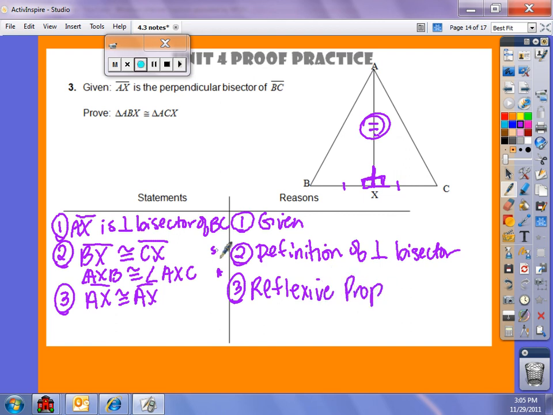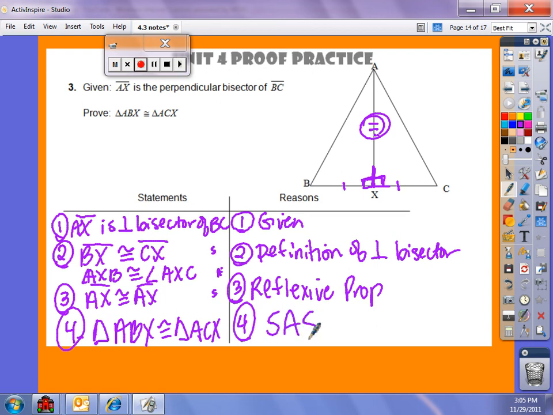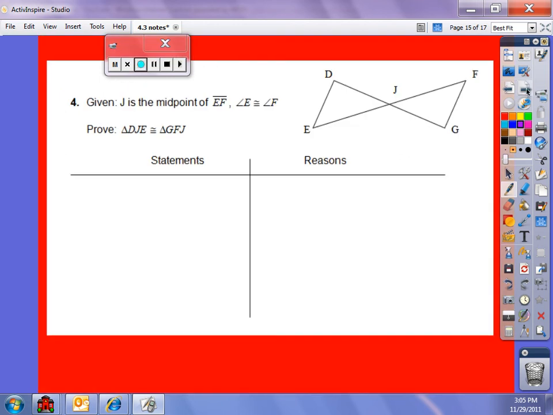And once I have side, angle, and I just proved the last side, I can now say that triangle ABX is congruent to triangle ACX, and that reason is because of side, angle, side. There's one more on the paper that I want you to try, and let me know if you need me to post the answer to it.